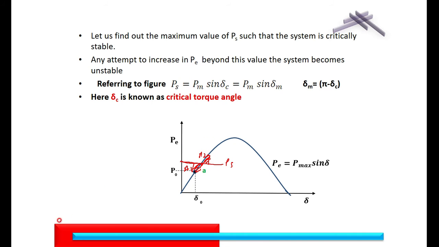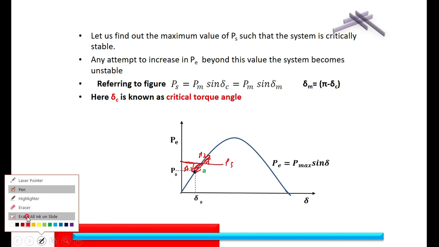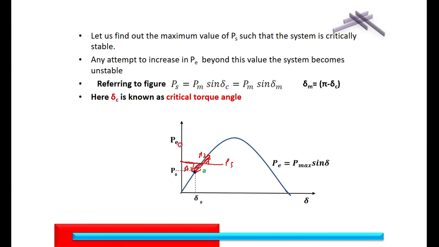Okay. Further, if you are increasing the mechanical output, instead of here, I am increasing from this value to this here. Once again, what happens here?